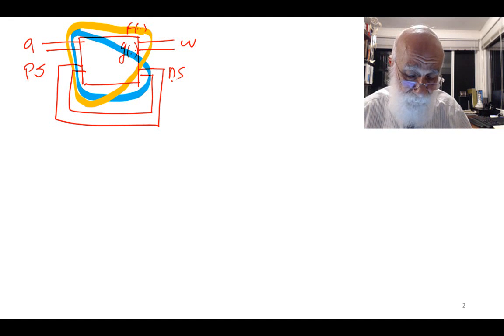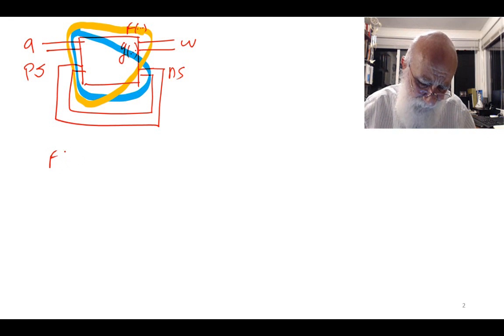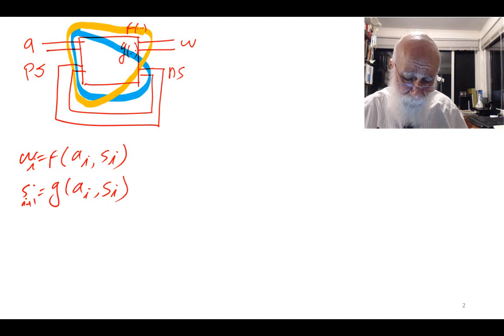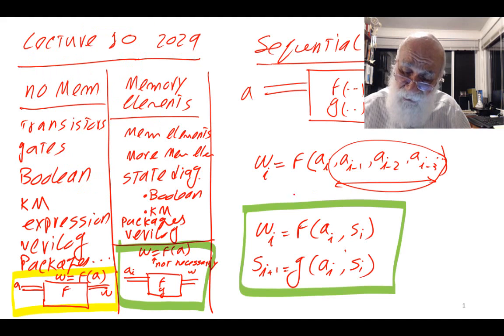And then, like I said before, W is a function of A(I) and state I, and state I plus 1 is a function of A(I) and state I. Then the state is really, remember I said that, going back here, accumulation of all of these inputs is the state of the circuit.